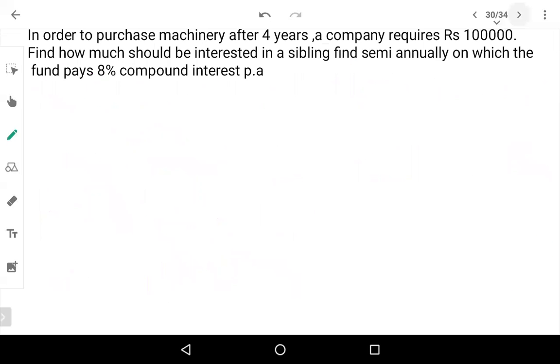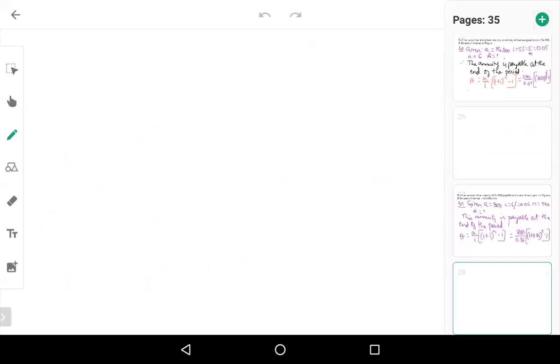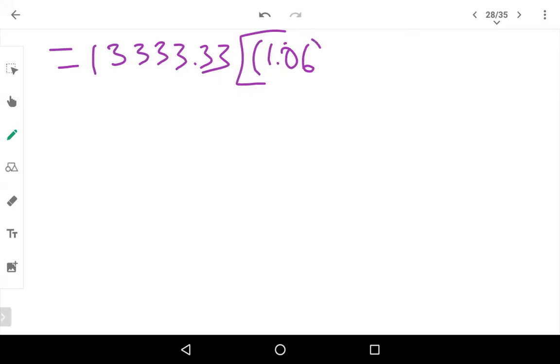So let us simplify the value here, which is equal to 13,333.33. How did I get this? 800 divided by 0.06. Then 1.06 to the power 5 minus 1.